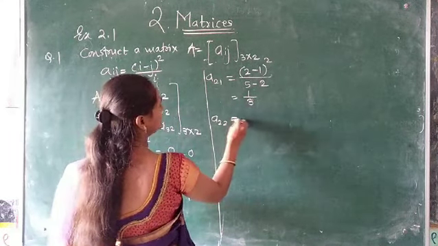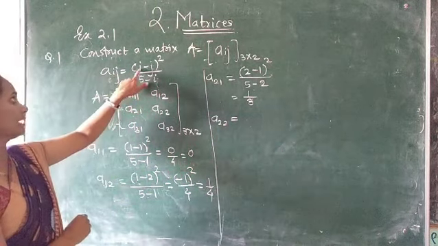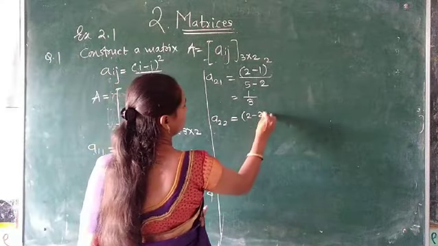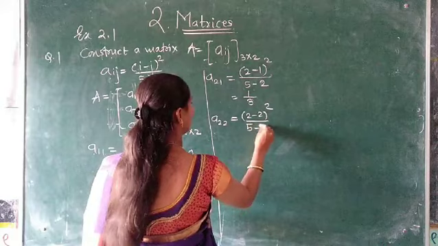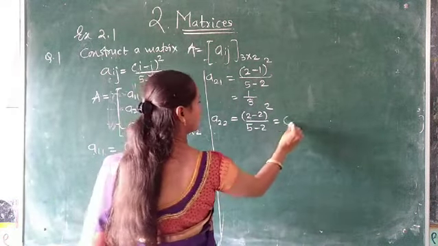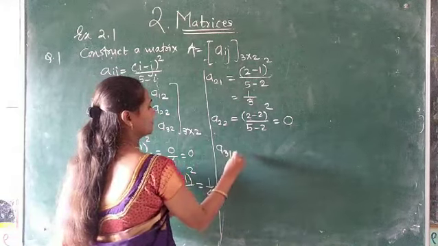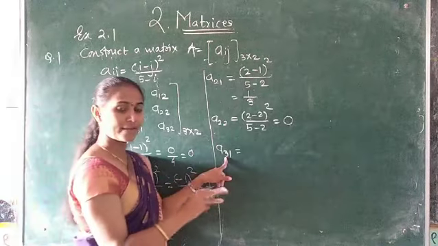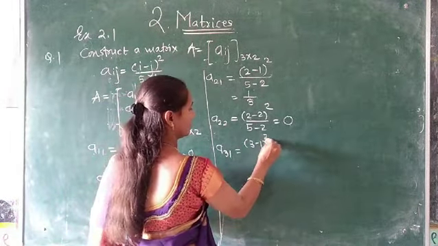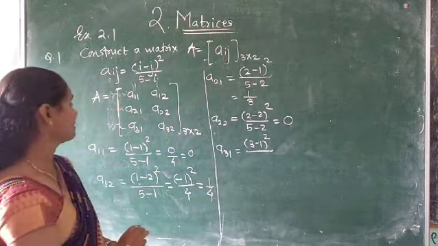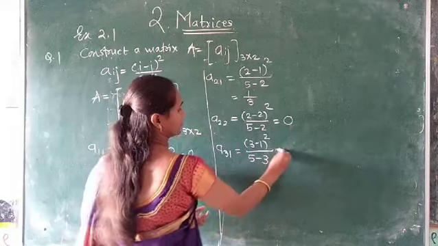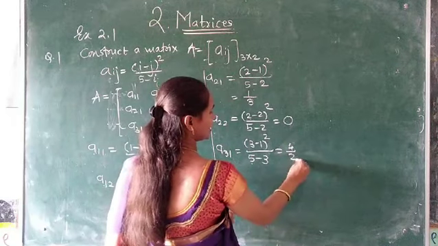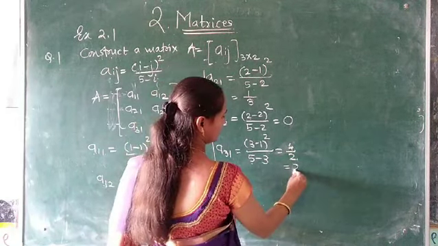Next A22. Here i minus j is 2 minus 2, which becomes 0. So (2 minus 2) square divided by 5 minus 2 is 0. Next one is A31. Here the value of i is 3 and j is 1. So (3 minus 1) square divided by 5 minus 3. 3 minus 1 is 2, 2 square is 4, and 5 minus 3 is 2, and 4 divided by 2 is equal to 2.